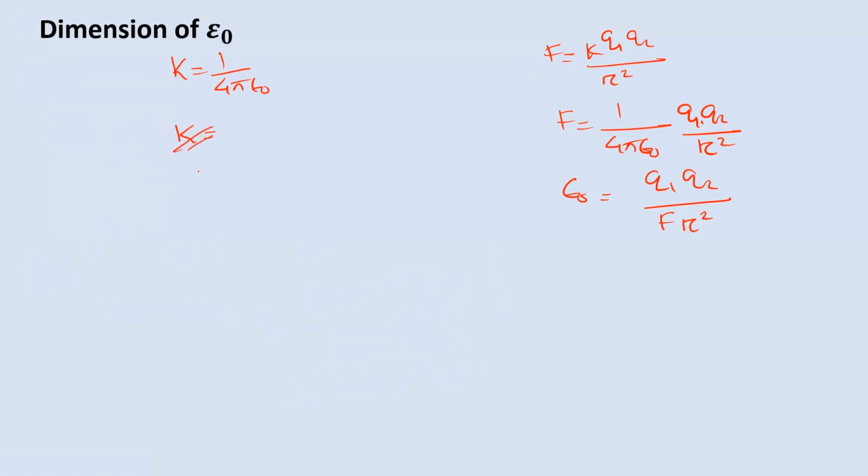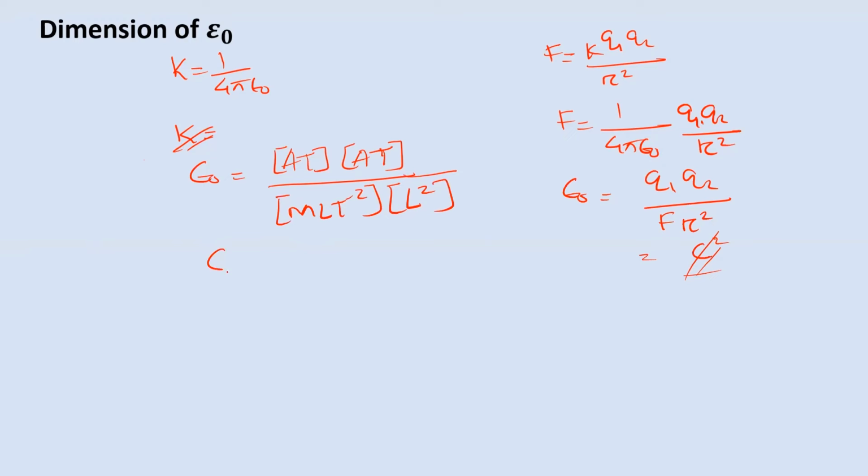So directly I'm writing the dimension: for charge it is Coulomb square, so A T squared, that is A squared T squared. And here you will have M L T minus 2 for force, and L square. So finally, epsilon naught is A square T, and the minus 2 from the denominator will go to the numerator and become plus, so T to the power 4.